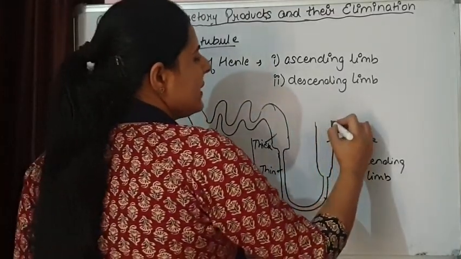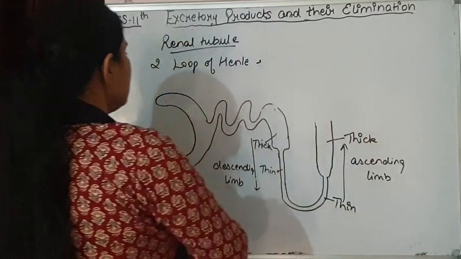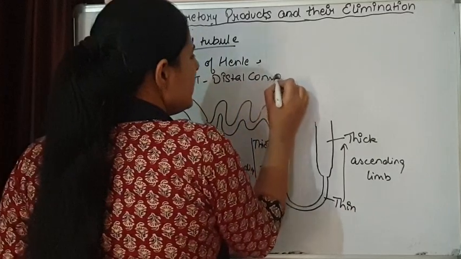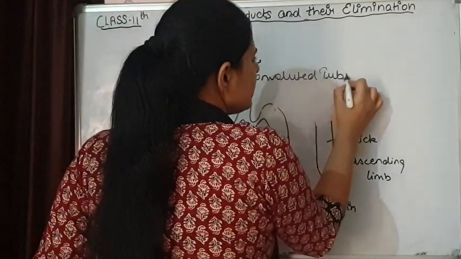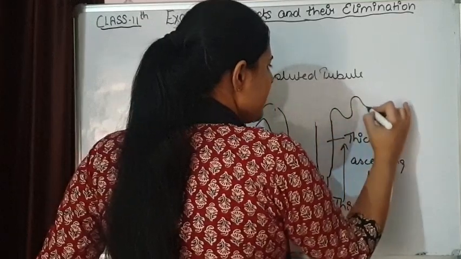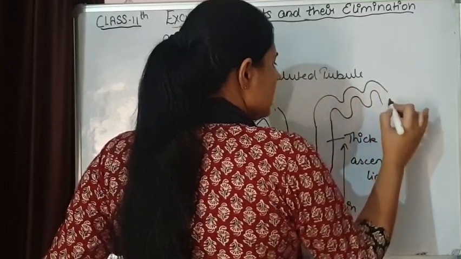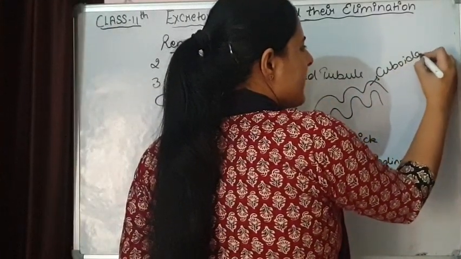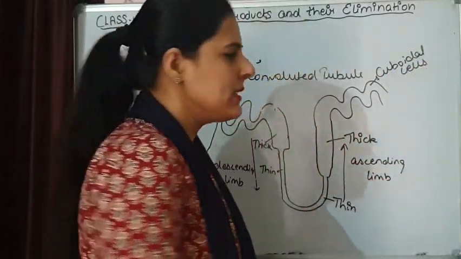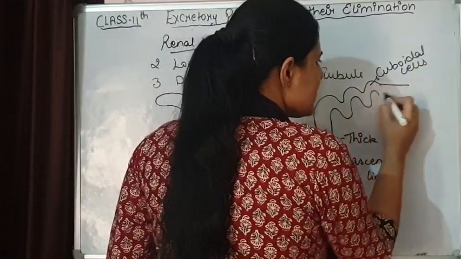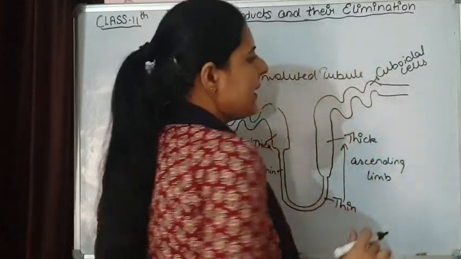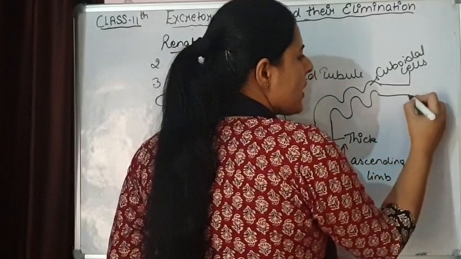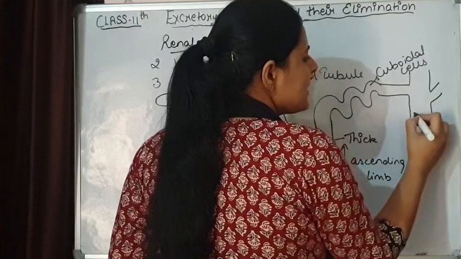Now this loop of Henle is moving into another structure, that is DCT, distal convoluted tubule. And this distal convoluted tubule is again a thick structure that is made up of cuboidal cells, and the terminal part is basically straight, and this straight part is acting as a junction, and it is going to combine with a duct that is known as the collecting duct.